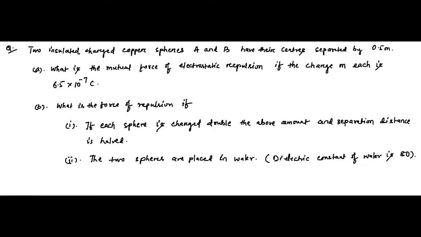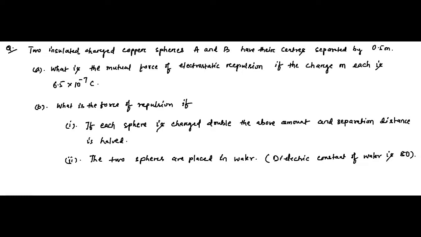So it has been given that two insulated charged copper spheres A and B have their centers separated by 0.5 meter. What is the mutual force of electrostatic repulsion between them if the charge on each sphere is 6.5 into 10 to the power minus 7 Coulomb?